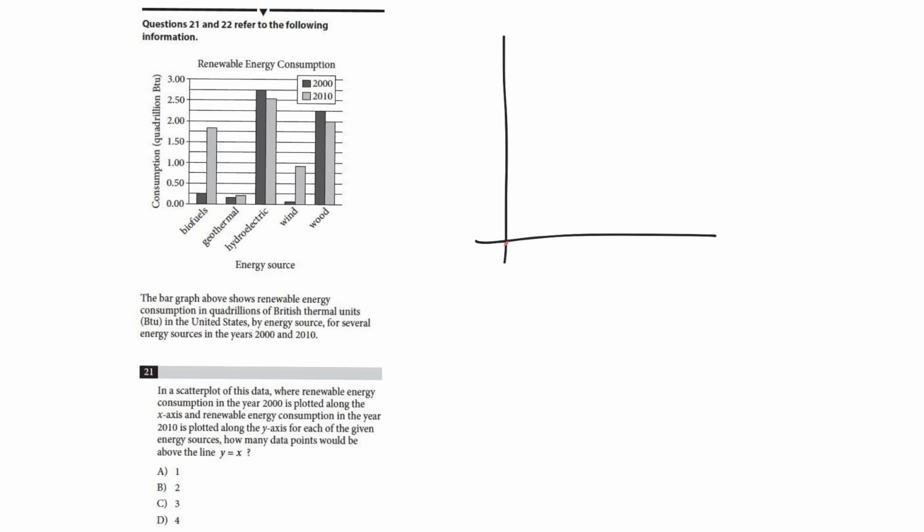Okay, well, the line y equals x is just a line, looks like this, with a slope of 1. It starts at the origin.